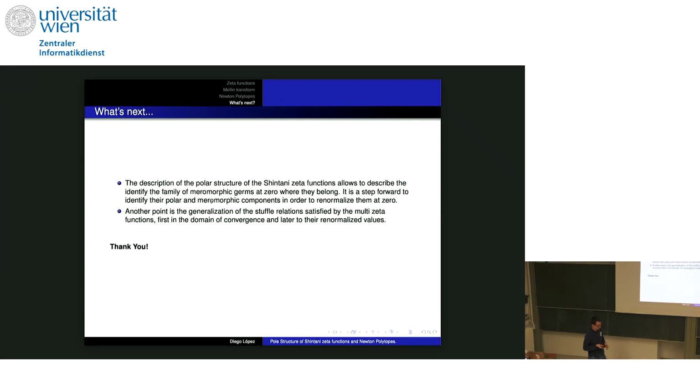Because we can already know which type of poles we have, and then we can start to split the holomorphic part and the polar part of the germ.